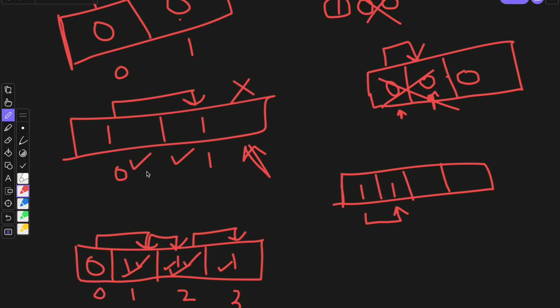For example, we have to have at least one 0 in order to make this test case a no.